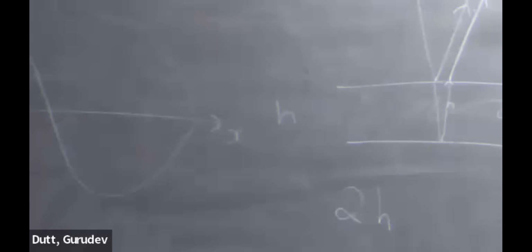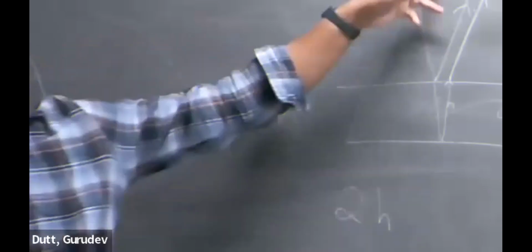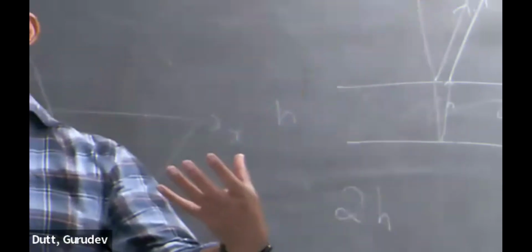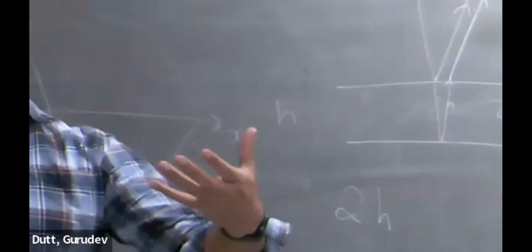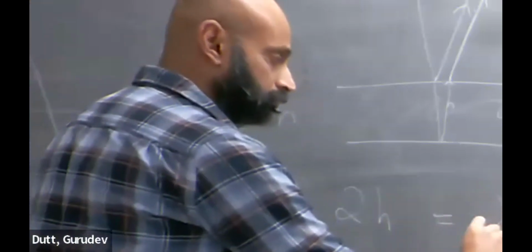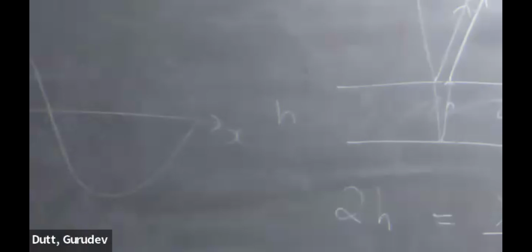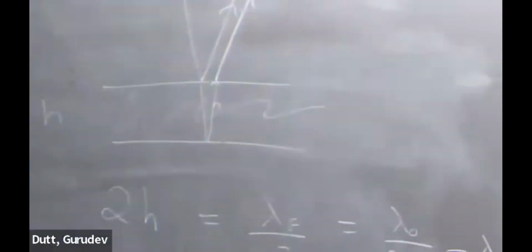If this wave has to destructively interfere with the first one, we want to shift it by lambda over 2. So this must be equal to lambda over 2, except that, as I was saying, there's a subtlety that this must be the wavelength in the film, not the wavelength in air. Therefore this must be lambda naught divided by nF, divided by 2, which is lambda naught over 2nF.